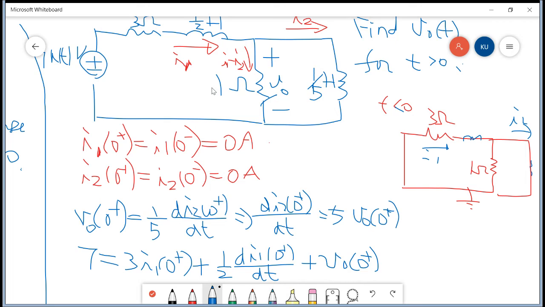The source at 0 plus is 7 volts. We know that this term is 0, so we have 1/2 di1(0 plus)/dt plus Vo(0 plus).